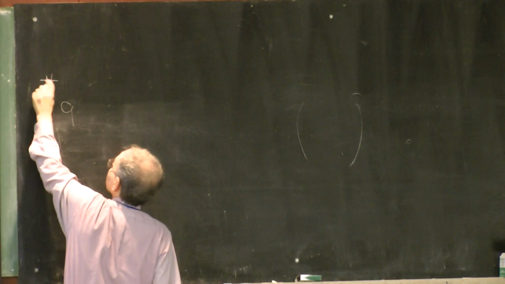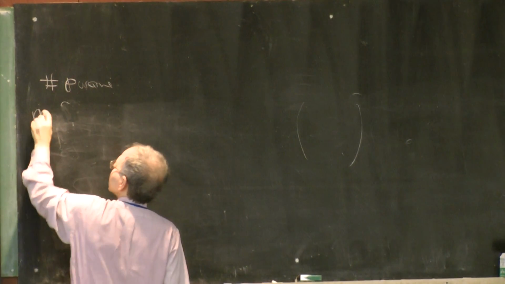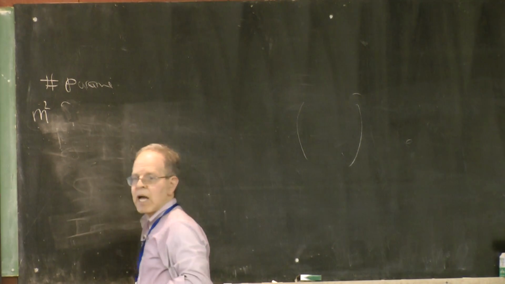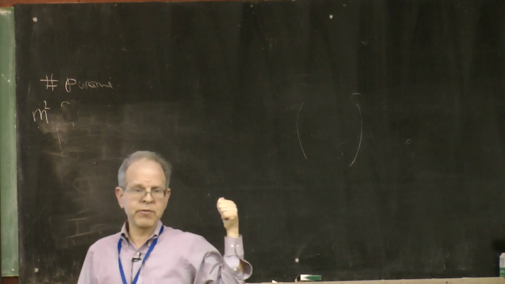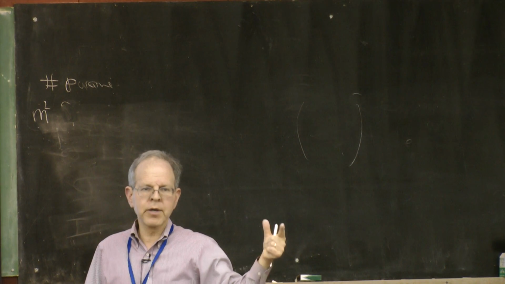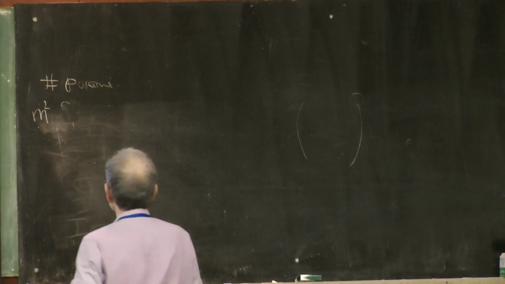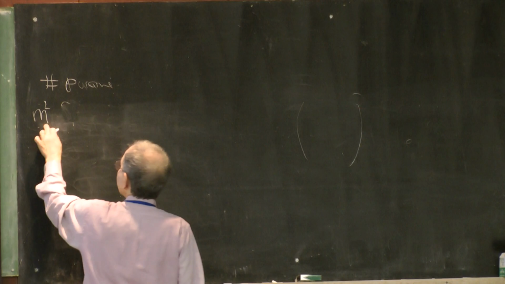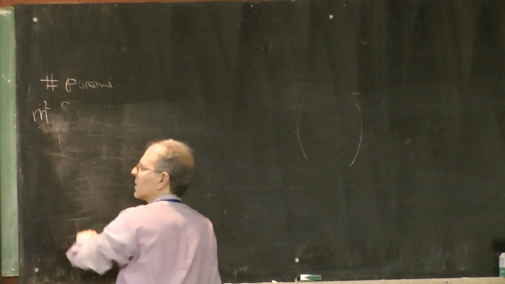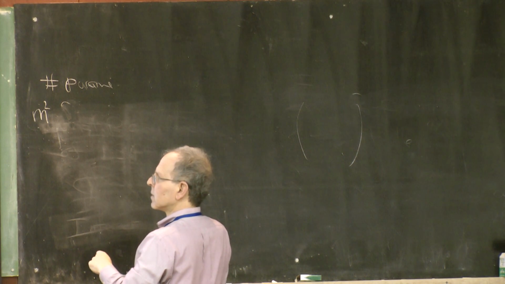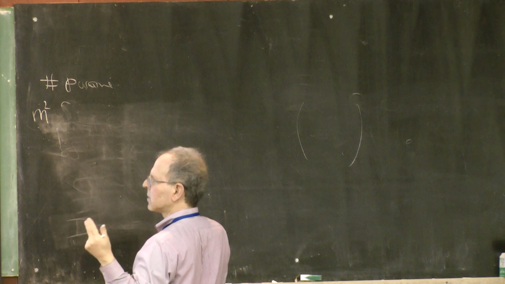So I'm going to put number of parameters. I'm going to put these m squareds, and we have 9, and we have an m squared matrix like this for the u bars, the d bars, and the e bars. So that's 9 times 3. Or, oops, am I counting right? Q, u bar, d bar, l.